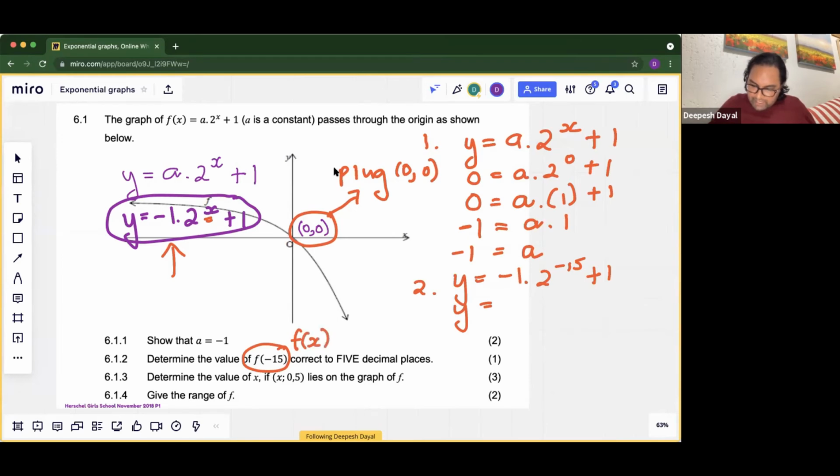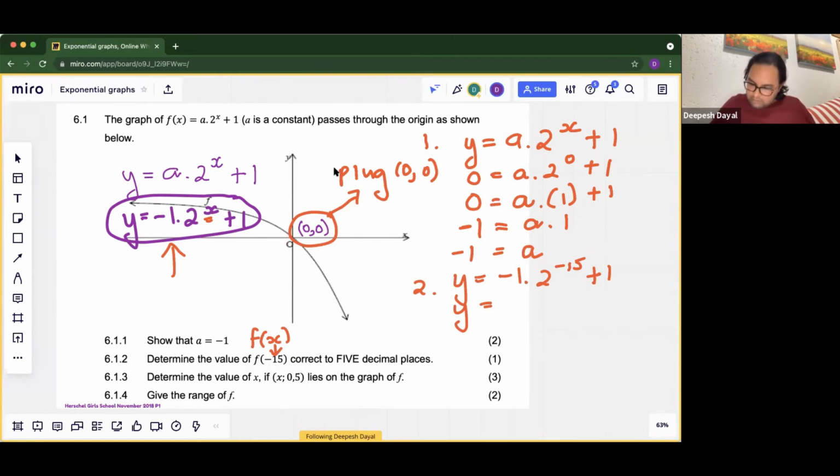So we've got fx, and in the place of x, they're plugging in minus 15. See, that's why we're plugging it in the place of x. So fx and f(-15). So if I erase this, we represent the equation as fx, and here it's f(-15). So it's fx, and in the place of x, we're plugging in minus 15.